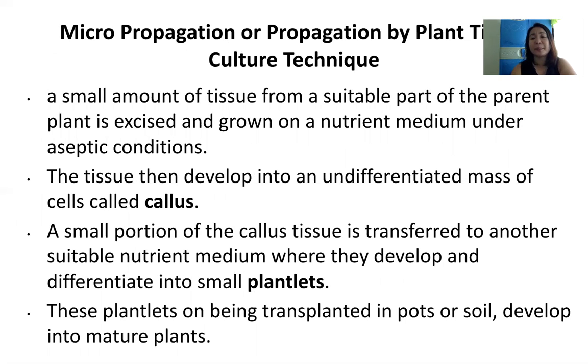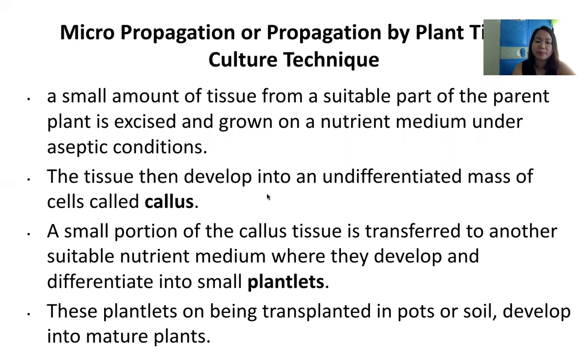Micropropagation, or plant tissue culture technique, is one of the latest biotechnology forms of plant propagation, and it's very important, especially for banana production, because it's for mass production. A small amount of tissue from a suitable part of the parent plant is excised and grown on a nutrient medium under aseptic conditions.